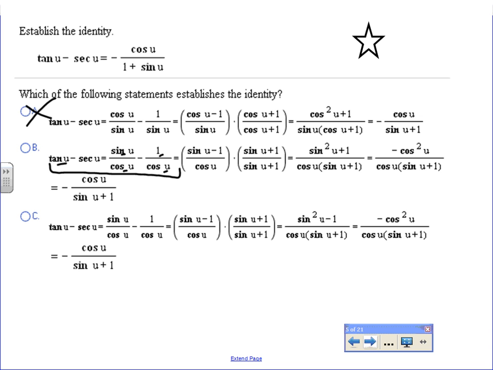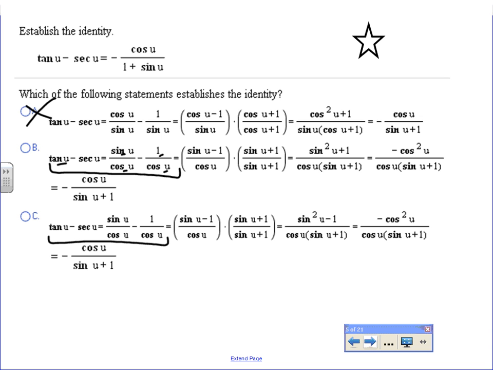All right, let's see what they're doing in choice C now. So I believe choice C here, they're doing the same thing. So tangent of u minus secant of u, so they have sine of u over cosine of u minus 1 over cosine of u. So they've got the same step there. So what we need to do is go to the next step, and this is probably going to be sort of a difficult one.